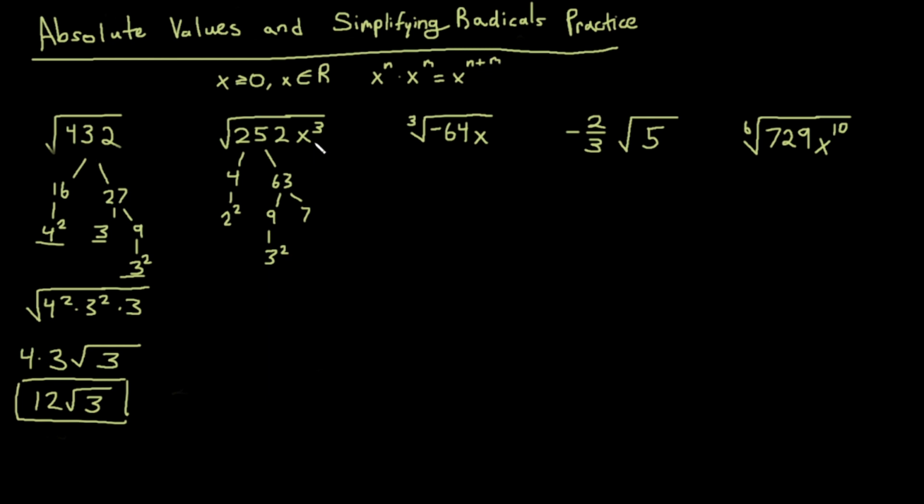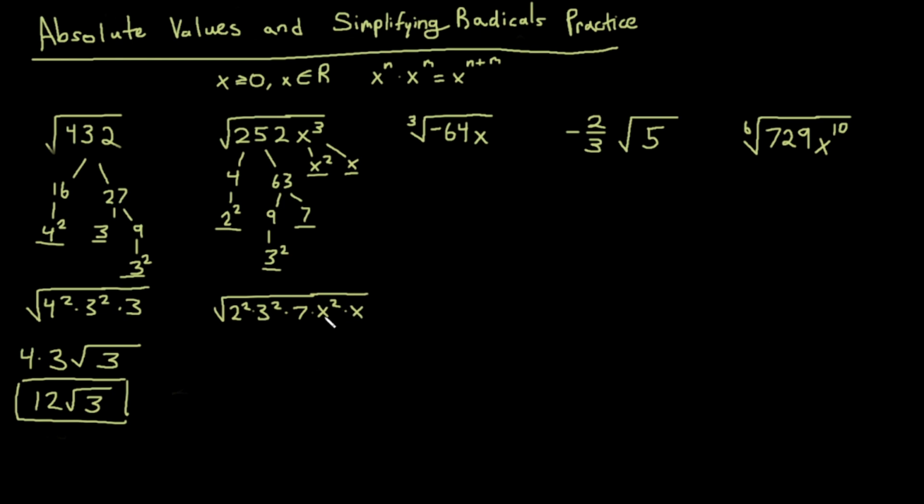So in this case, we can rewrite x cubed into x squared times x. So these are now our factors of the radicand. So we can rewrite our radical as 2 squared times 3 squared times 7 times x squared times x.